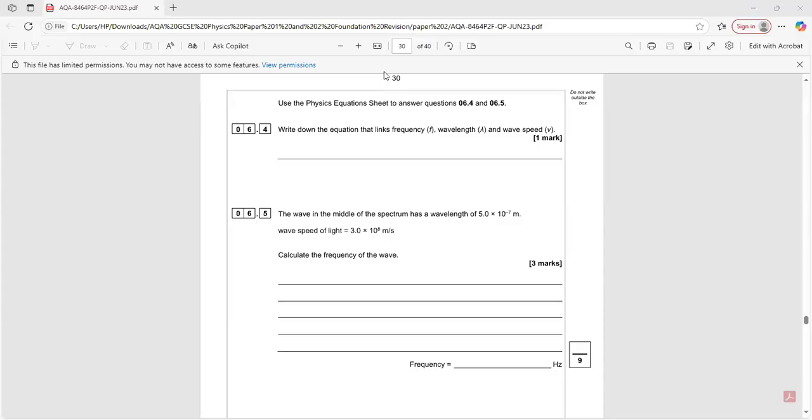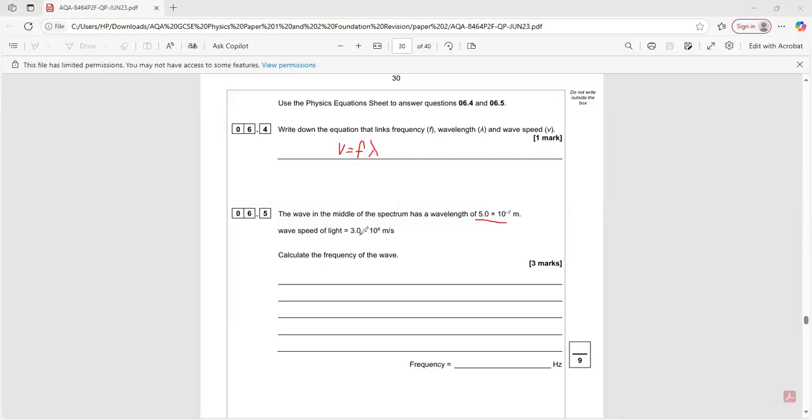This is how it's going to look. V equals F times wavelength. So that's multiplication. Next, it says the wave in the middle of the spectrum has a wavelength of 5 times 10 raised to the power minus 7 meters.